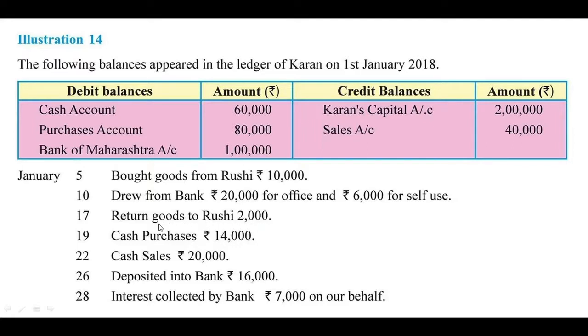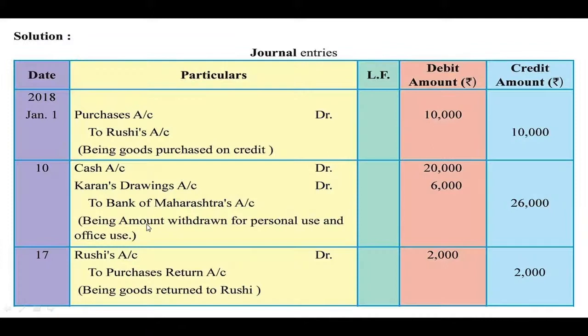So that is why we have to debit Rushi's account. So here the journal entry 17th January, Rushi's account debit to purchase return. Now you know that these goods are written out of these purchases which were purchased on 5th January. So that is why you have to write to purchase return account or return outward account because the goods go out.